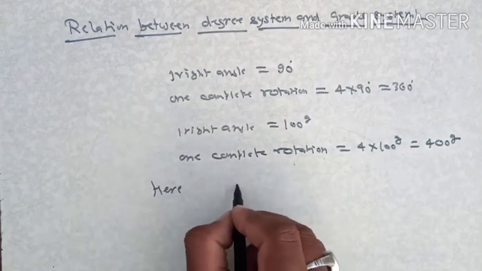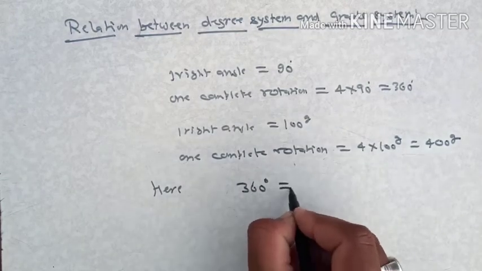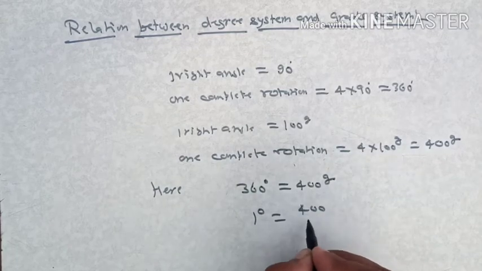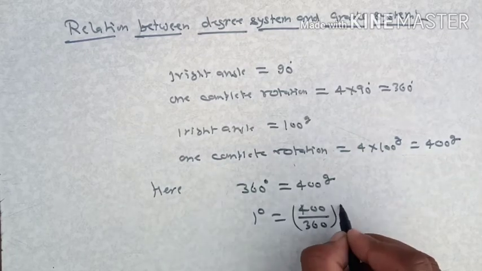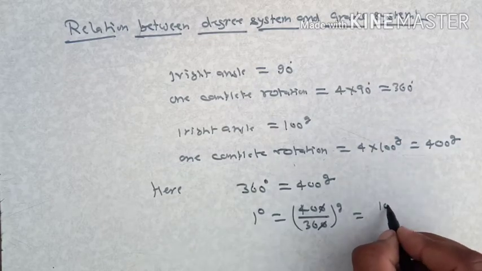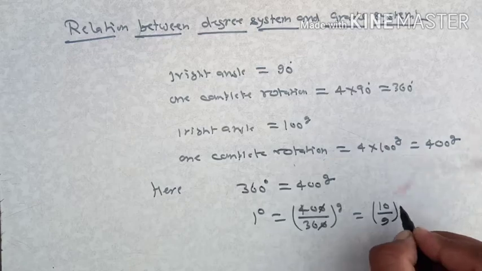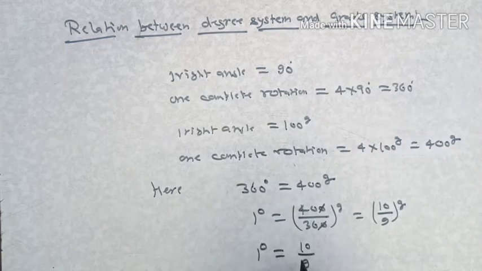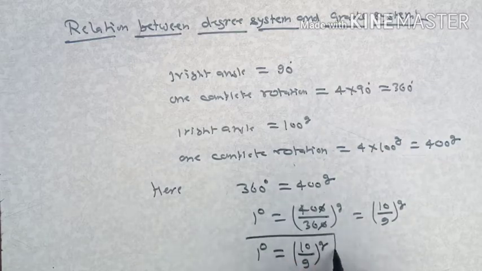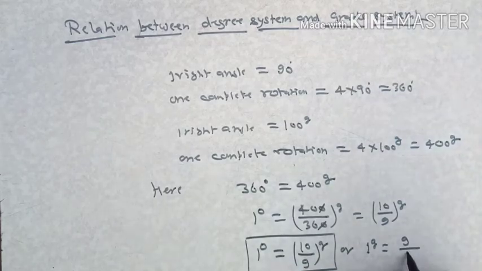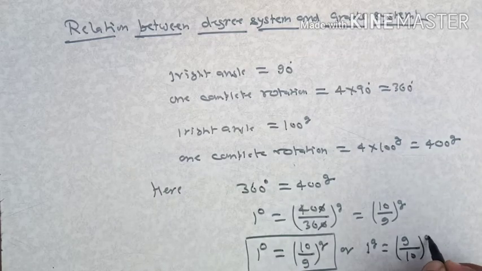Here 360 degree equals 400 grade. It means 1 degree is equal to 400 by 360 grade. Cancel 4 tens, 4 nines. So 1 degree is equal to 10 by 9 grade, or 1 grade is equal to 9 by 10 degree.